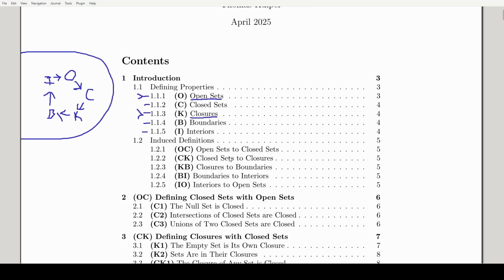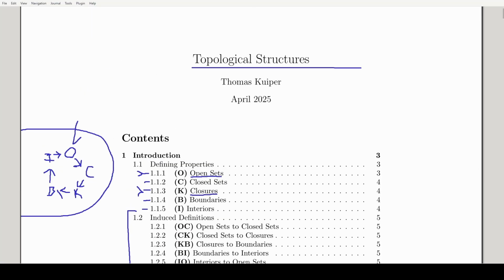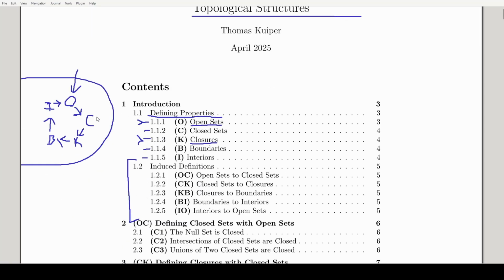So what we do to get around this is these arrows, going from one to another, are the induced definitions. So instead of defining the induced definitions, we plant one of them. Like we say we define the open sets with their defining properties, their axioms, and then we'd use the induced definitions to define the rest.